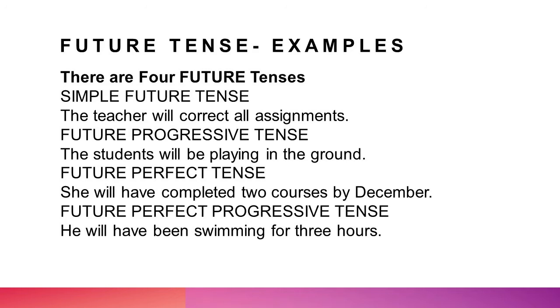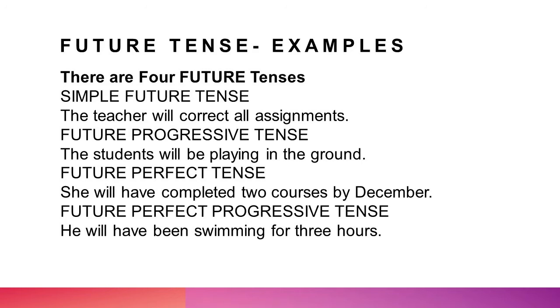For future tenses, simple future tense, you can see the example, the teacher will correct all assignments. Has the teacher corrected the assignments? No. But he or she will correct it in the future. But no specific time is mentioned. The future progressive tense, the students will be playing in the ground, which means that at that point in time, for example, tomorrow at 4 o'clock, the students will be playing in the ground.